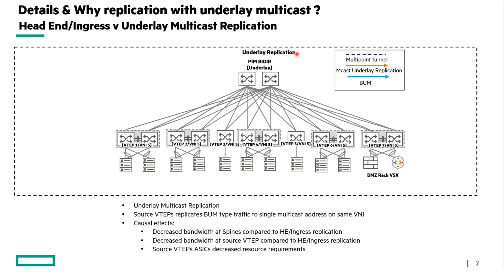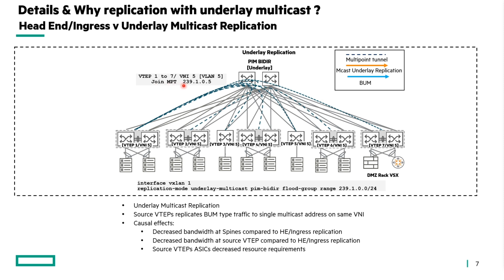We firstly configure PIM bidirectional in the underlay, and then we change the replication mode to underlay multicast. This makes VTEPs 1 to 7, VNI 5 and VLAN 5 join or get ready to join a multipoint tunnel 239.1.0.5. This will be covered in a bit more detail later.